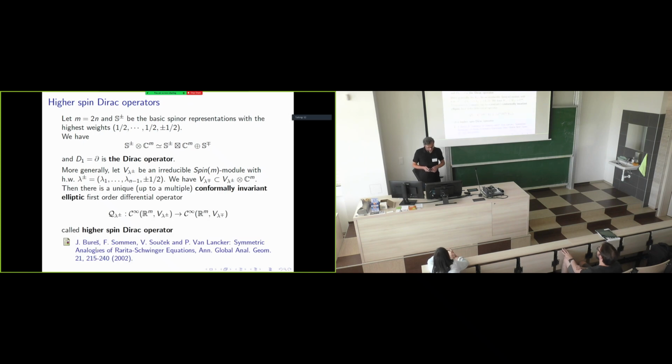So we have the corresponding Stein-Weiss gradient. Corresponding Stein-Weiss gradient we call higher spin Dirac operator, and it is known that this operator is unique, conformally invariant, elliptic first order differential operator. And basic results of function theory for higher spin Dirac operators were given in this paper.